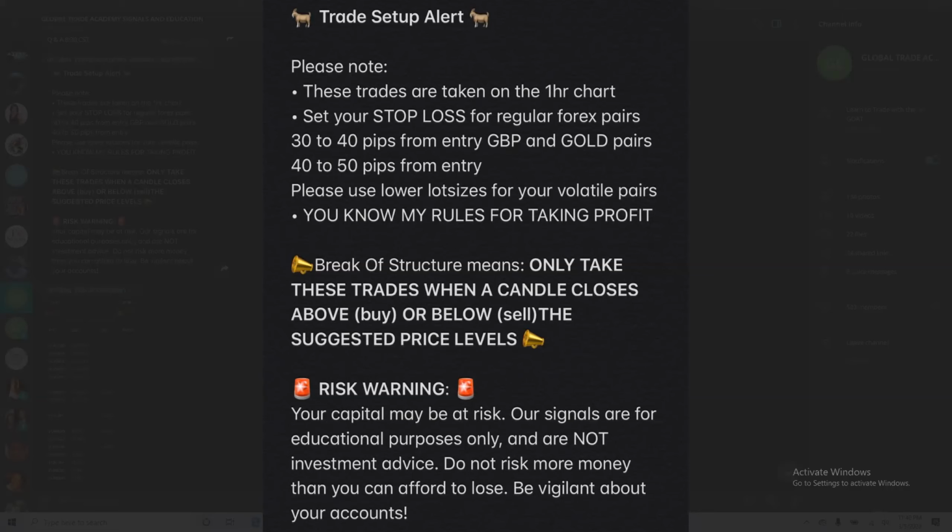Now with that, if a trade goes into profit, Dr. Spiller's rule for taking profit: you should never leave a trade negative if it goes into profit. If a trade goes 10 pips into profit, oh, you guys can hear my trailing stop kicking in. That's what that little squeak is.